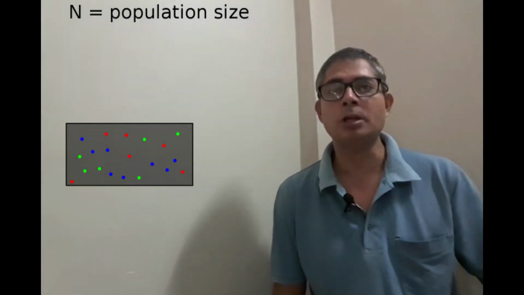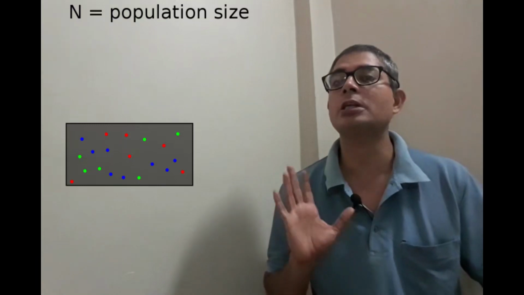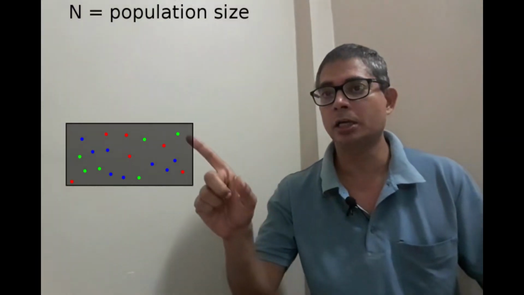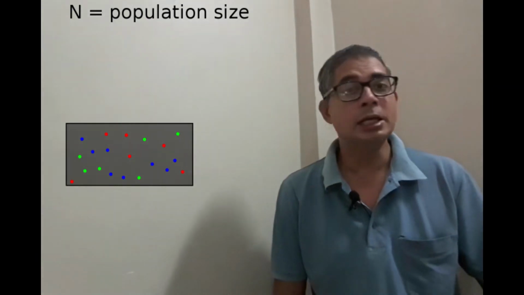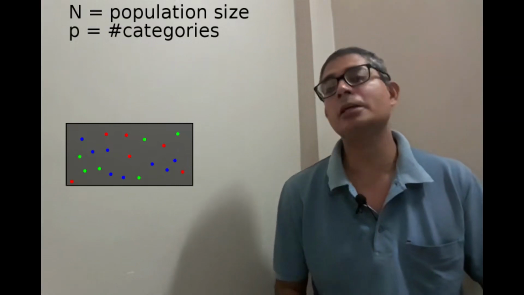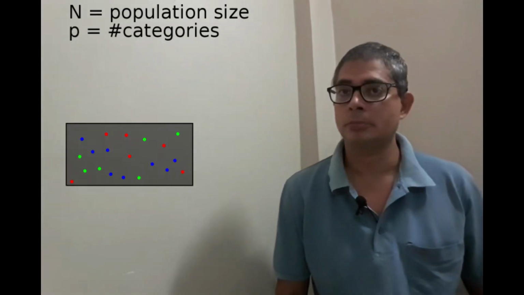In our example, we have shown the categories using colors. There are three different colors here, red, green, and blue. In general, let the number of categories be p. Here, p is equal to 3.